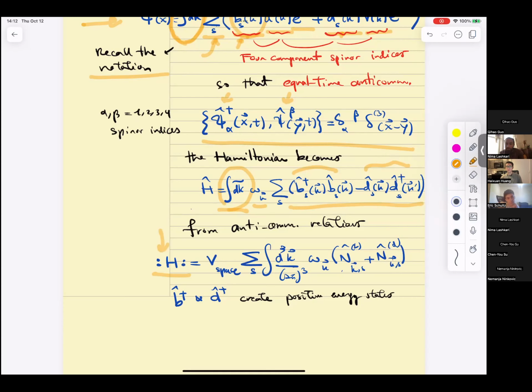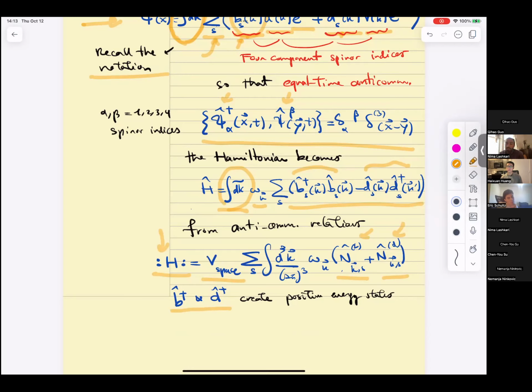normal ordering. You'll work it out in an example in your homework, but basically what ends up happening is that you can take out the volume of space, the integral over space, and you end up with two number operators: the number operator for the B particles and the number operator for the D particles. This was a notation we used, an important convention.